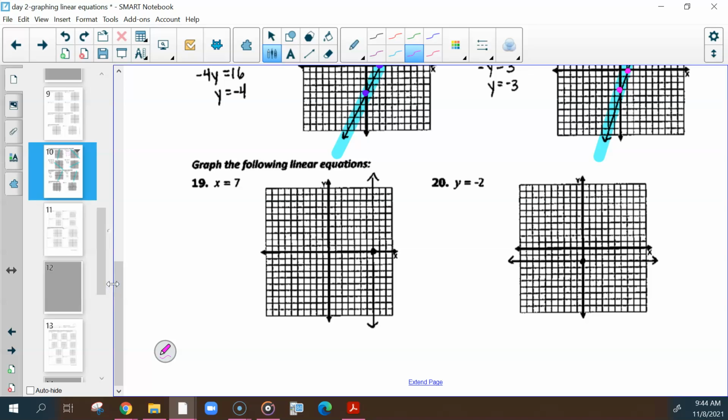For these bottom two, you should have had a vertical line at 7 and a horizontal line at negative 2.